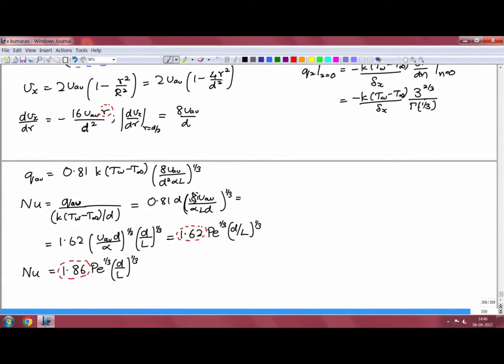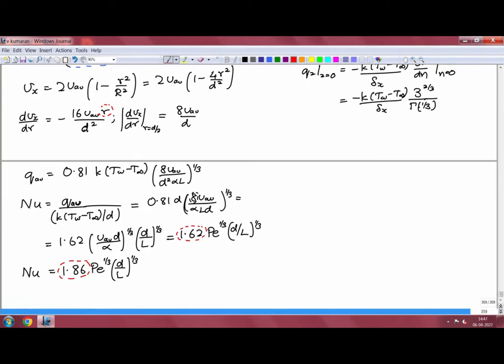This difference arises for two reasons. One is that in the entrance section of the pipe the flow is not quite parabolic. There is a development length over which the flow becomes parabolic as you go downstream. And therefore, in the entrance section of the pipe the flow is not quite parabolic, and because of that the coefficient is different.